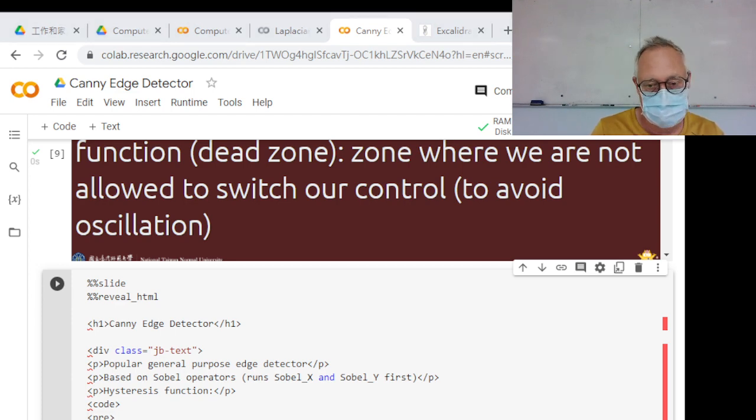Actually, I'm not quite sure what, let's see. I just want to check if it checks the gradient direction.